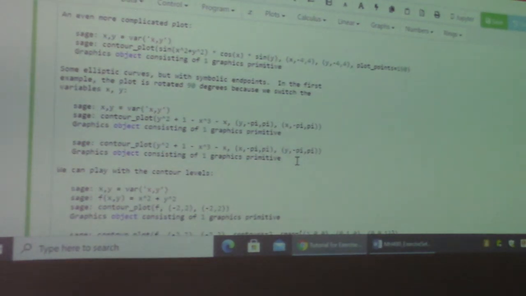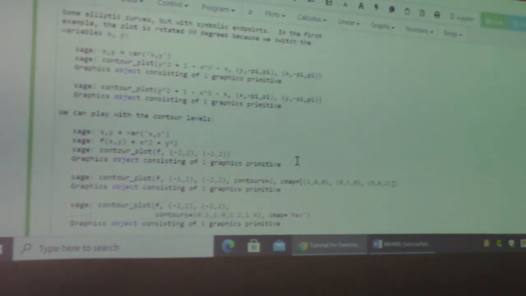Curious. Well, when I look at the examples in contour plot, I don't see anything quite like the code we just copied from the tutorial.